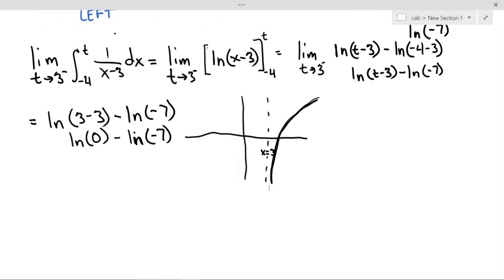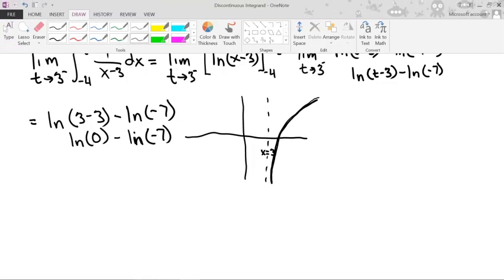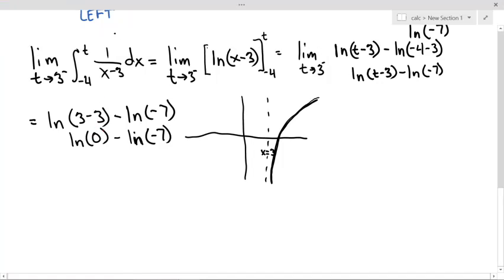So this says that this limit does not exist. Now you have a DNE minus the natural log of negative 7, and it doesn't matter, because it doesn't exist either way.